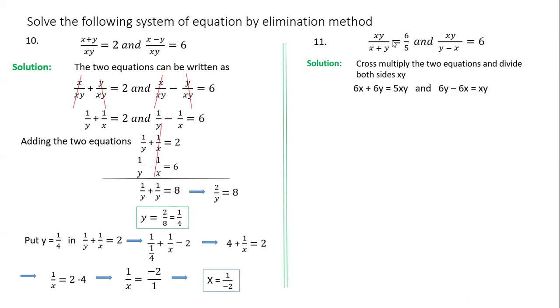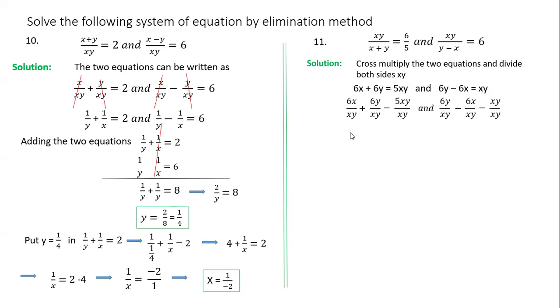So this is 6x plus 6y is equal to 5xy. And this will be 6y minus 6x equal to xy. Now divide by xy. 6x upon xy plus 6y upon xy is equal to 5xy upon xy. 6y upon xy minus 6x upon xy is equal to xy upon xy.